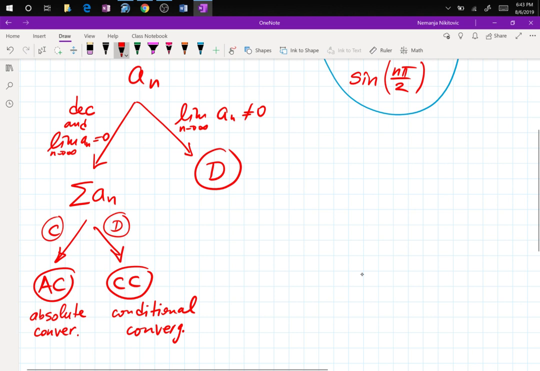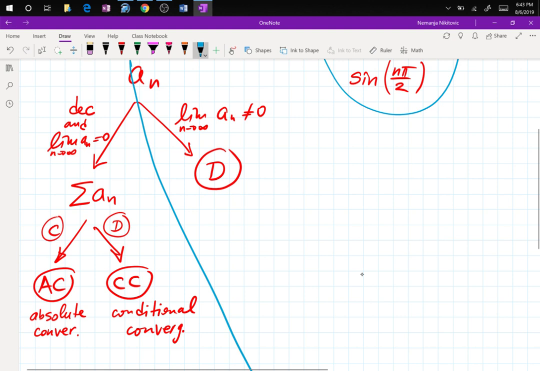P-series, comparison, integral, anything. And now that one is going to converge or diverge. But look, you are already on a convergence branch. So if I am to cut this in half, you have convergence to the left and divergence to the right. So even though this diverged, it's still in a convergence region.